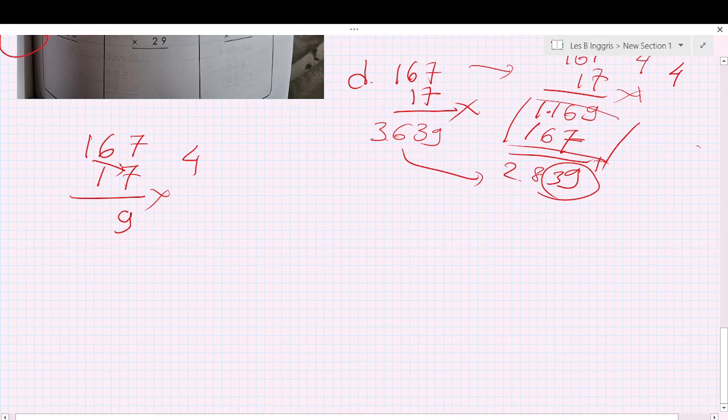And then multiply the 6 with the 7, you got 42. Add it with the 4, you got 46. Keep the 6 and put the 4 beside. And then multiply the 1 with the 7, you got 7, plus the 4, you got 11. So you got 1169 from the 7 times the 100.